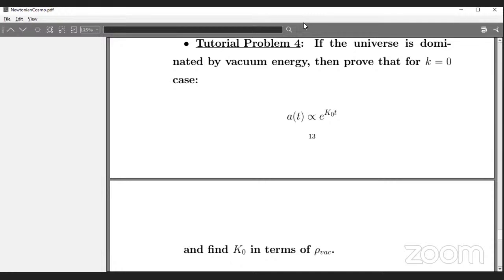So I will stop sharing this file and go back to my other file where I can quickly summarize the evolution of the universe. Okay, all right.